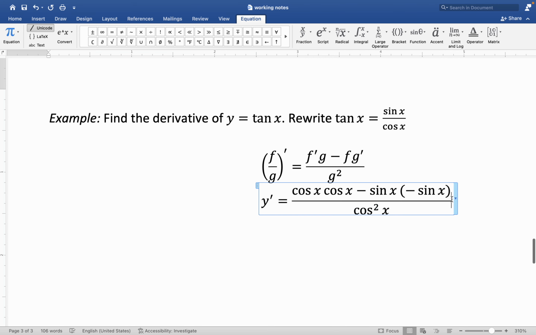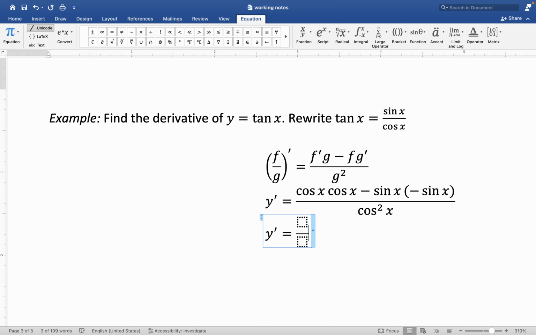Same thing. Okay, and this can be cleaned up a little bit, right? Because I'm going to keep the cosine squared x on the bottom, but in the numerator, you've got cosine x times cosine of x. That's really just cosine squared x. And then this second term, because of the two minus signs, it actually becomes a plus, and you've got a sine of x times a sine of x, so that's going to give you a sine squared x.